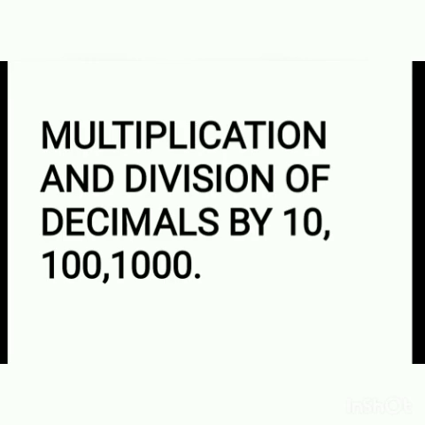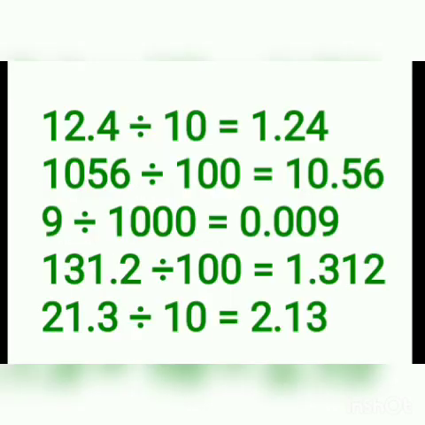Children, when you get a question with a decimal number to multiply or divide by 10, 100 or 1000, you should not do it by long working. You should work these out in your mind, because after working out this many examples, you have seen that there is no change for the number but only a change for the decimal point, isn't it? Here 12.4 was a question.